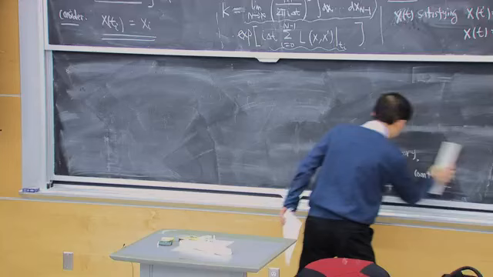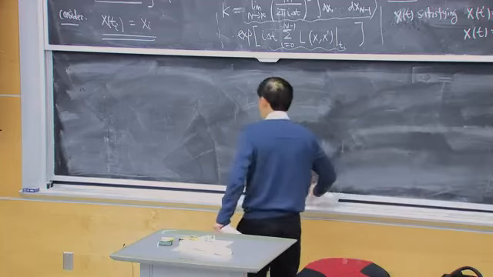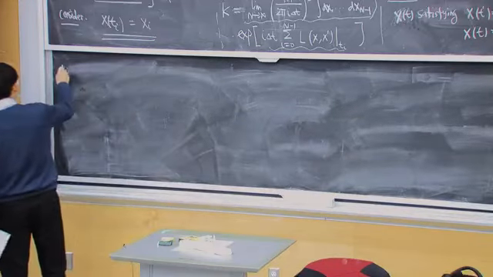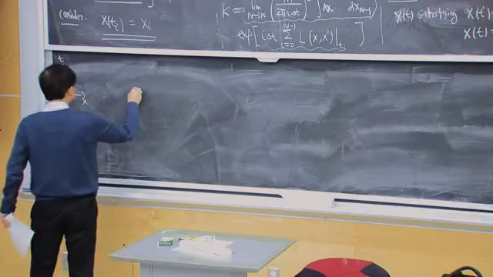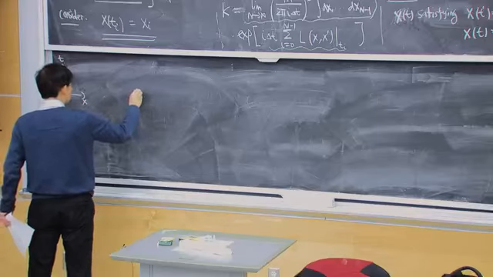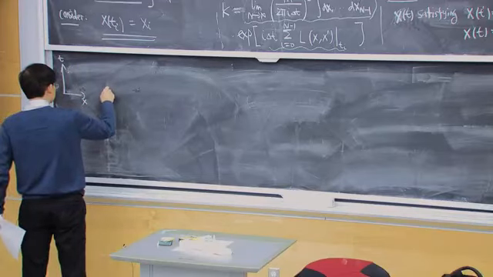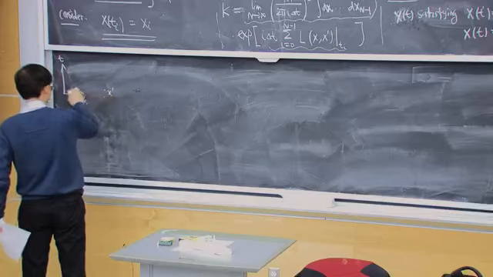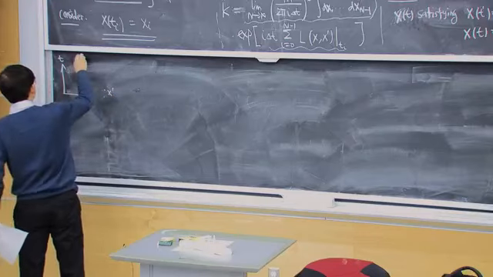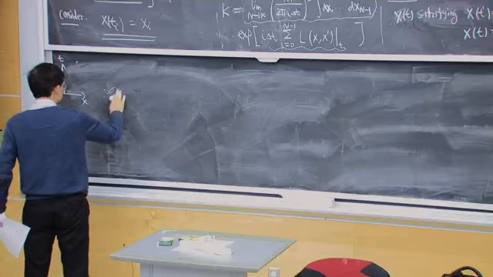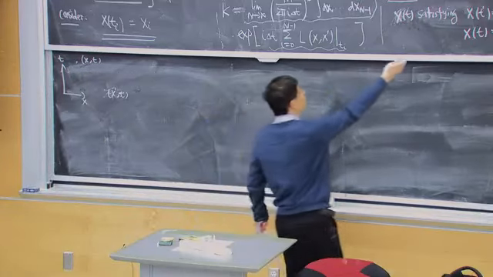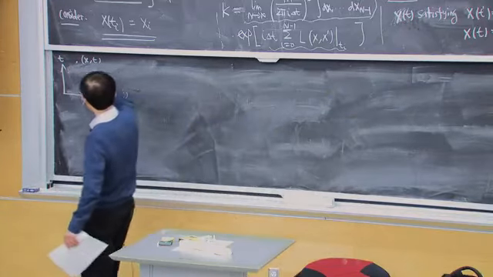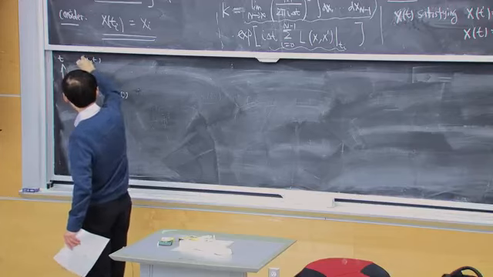Physically, this just means, suppose this is the t axis and this is the x axis. Here is x prime at t prime, and this point is x and t. You integrate over all possible paths between them.